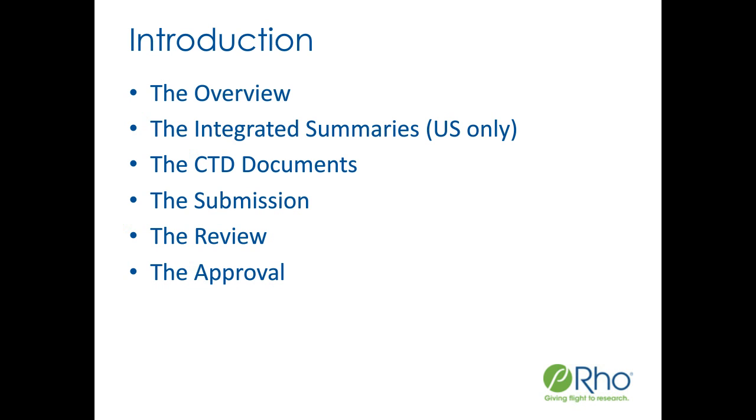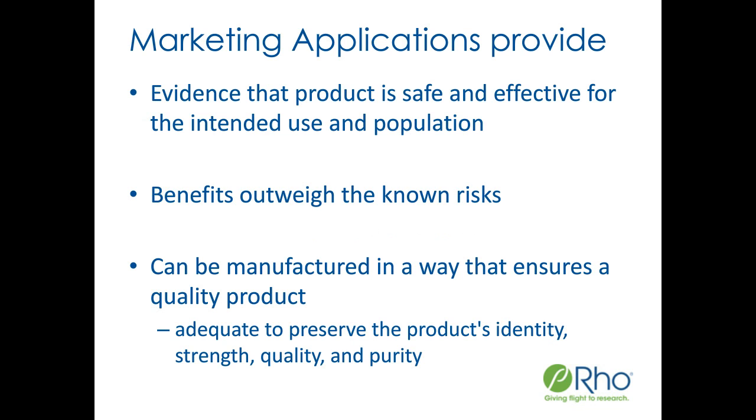So to start off with an overview, I think most of you are probably aware that the critical thing about your product is that it is safe and effective for use in the population that is going to be receiving your medication. Benefit-risk assessment is part of every application evaluation by FDA, and that is something you can use beyond drug evaluation.